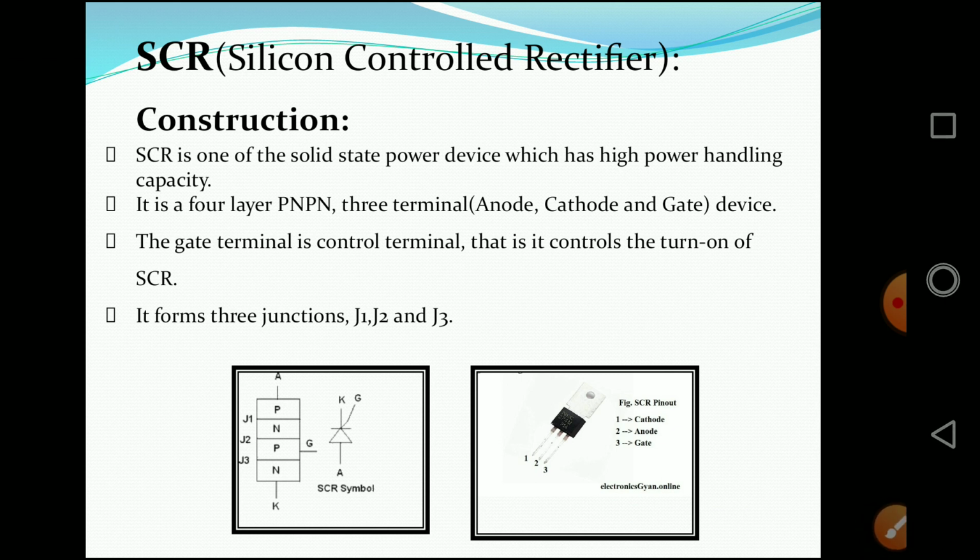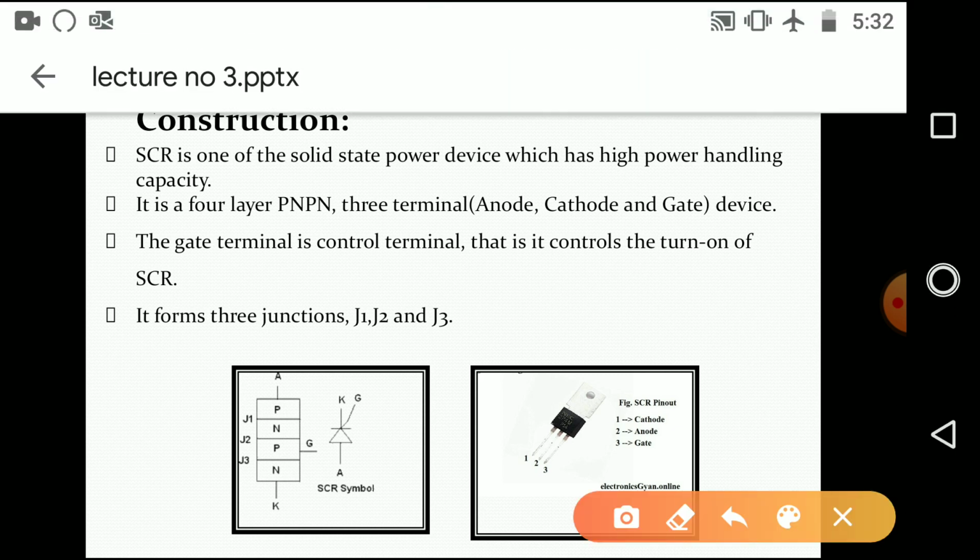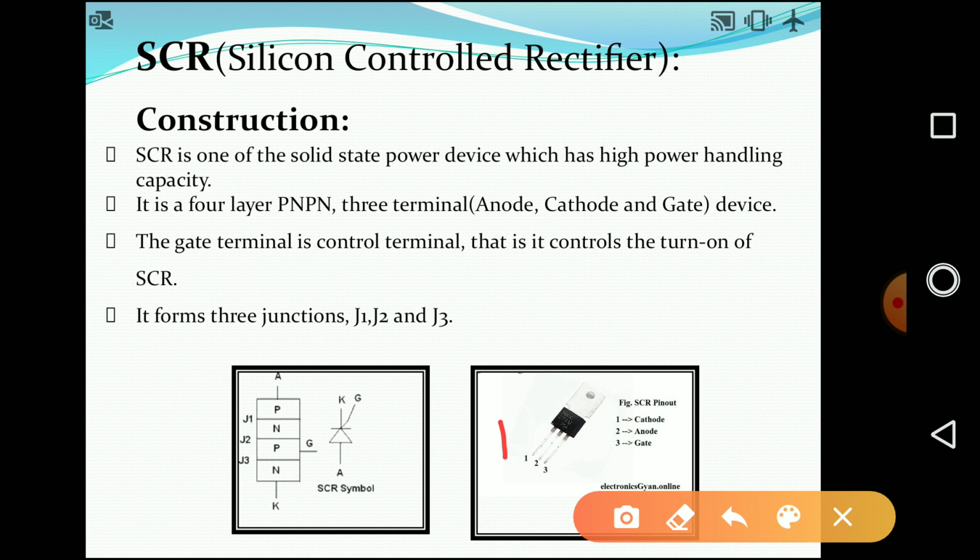Here the gate terminal is called the control terminal because the gate controls the turn on time of the SCR. In the structure also we can observe 3 terminals: one represents the anode, one represents the cathode, and the middle terminal represents the gate.